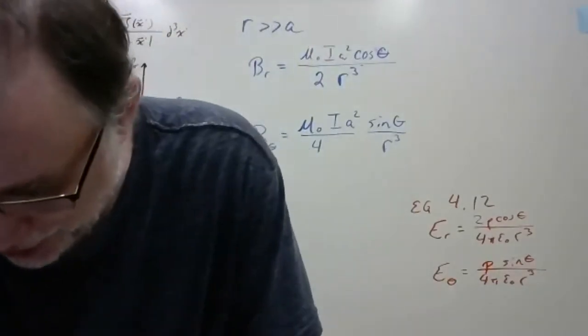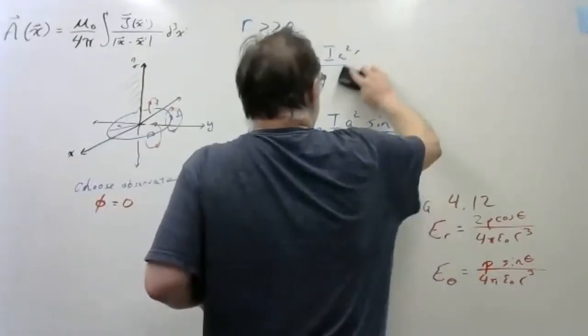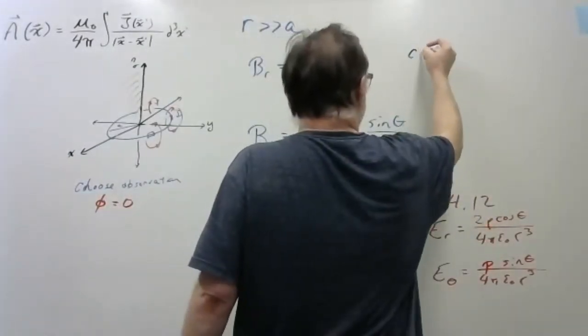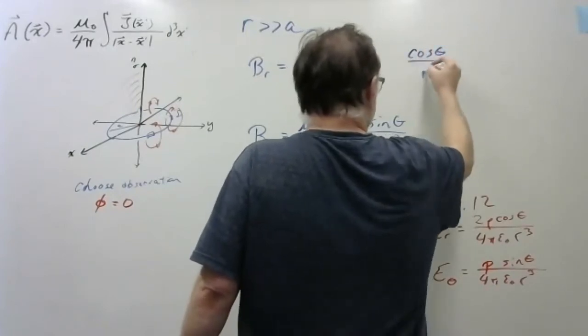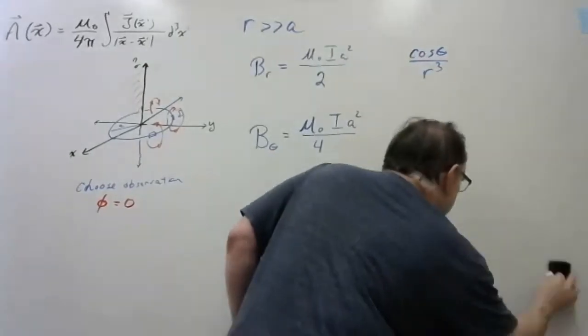Now we do a little trickeroony with this. I'm going to pull this cosine theta over r cubed over here, and pull my sine theta over here.